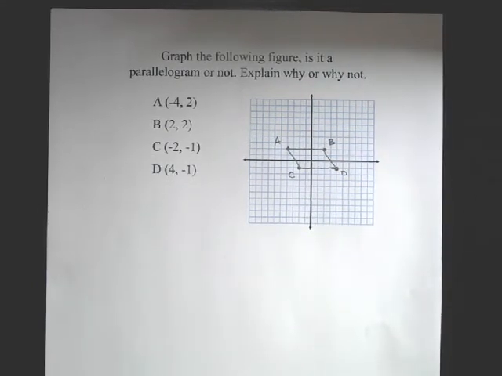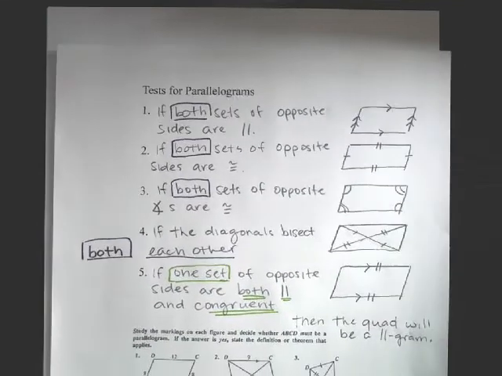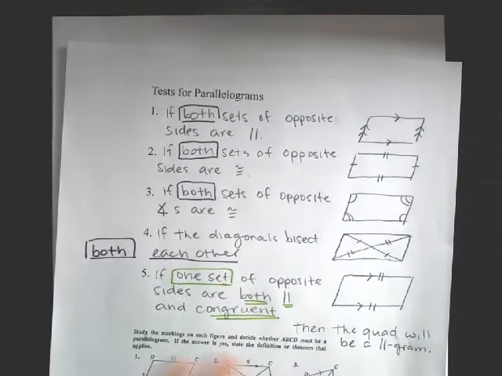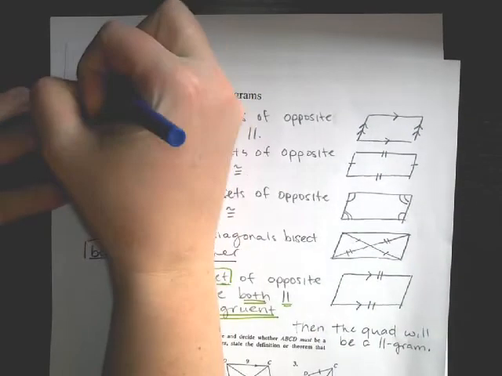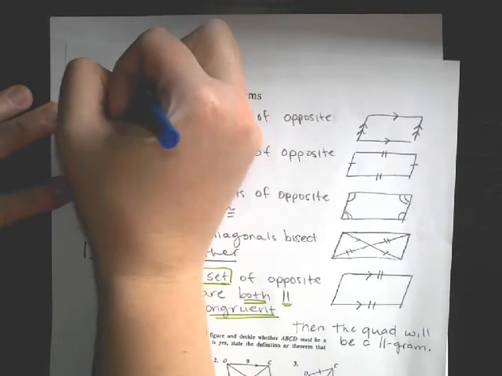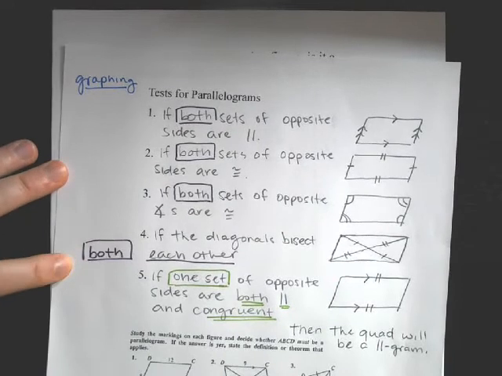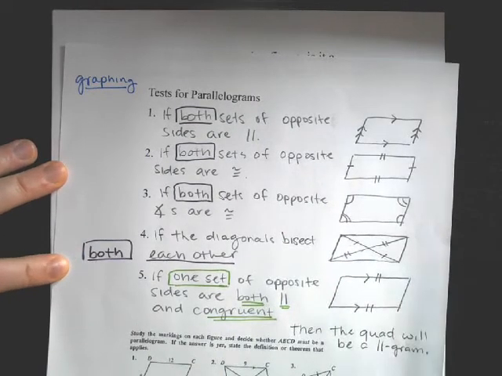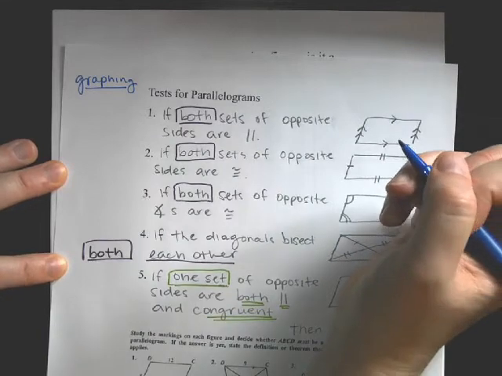All right, so we want to determine if it's a parallelogram or not. So let's go back and look at our tests for parallelograms. These are the ones that we took notes on in the last video. Let's look at it from a graphing standpoint. If we are going to be graphing, what is it going to look like? Well, if it would say both sets of opposite sides are parallel, that would be looking at the slopes.